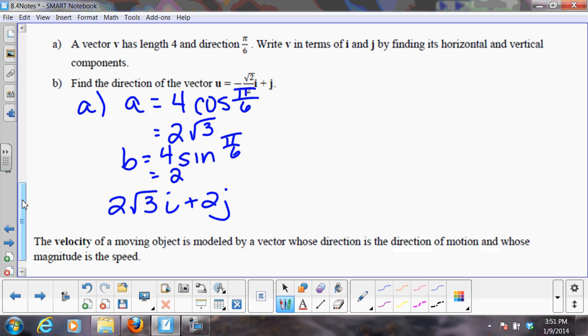And this one says find the direction of the vector u if it equals negative square root 2 over 2 i plus j. We want to know the direction, which I don't have on my paper. I have the magnitude. There's a formula for that that I don't have on here.